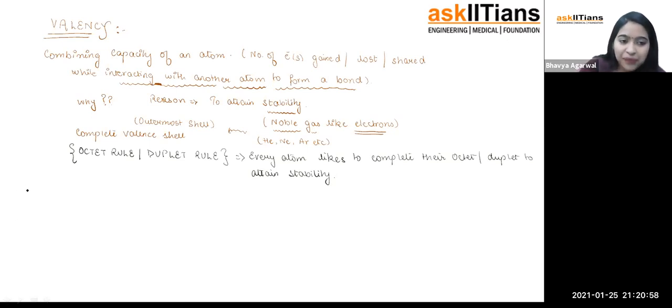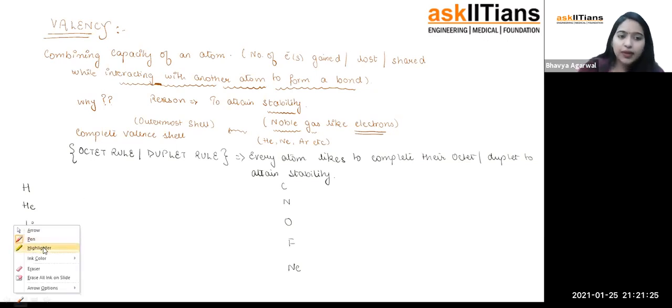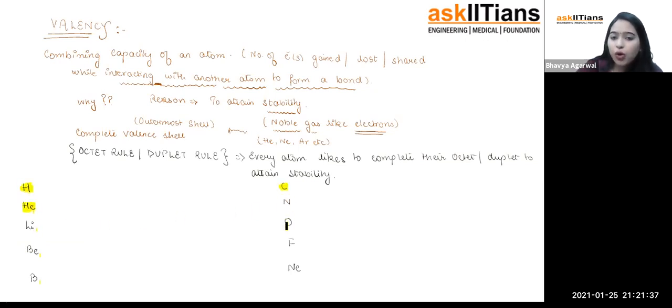So the mnemonic is: हाय, He, lithium, beryllium, बड़े कामचोर नालायक और फालतू नेता. Okay.